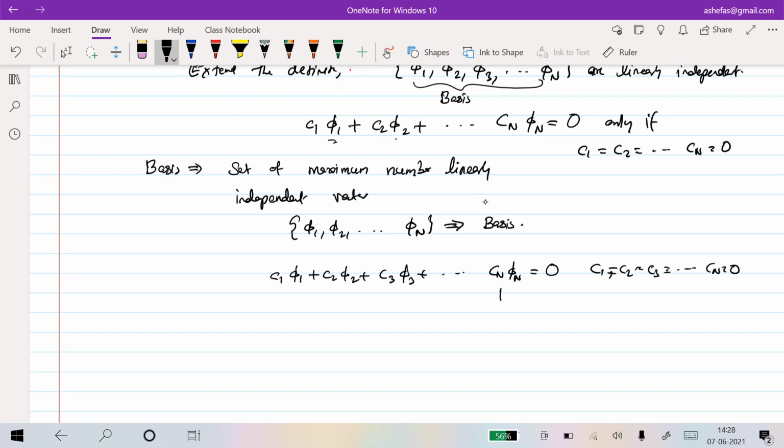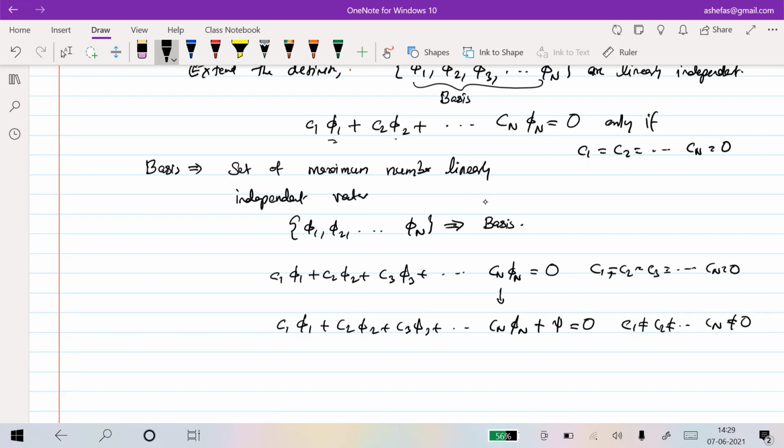Now if you add any other vector, maybe psi, then that superposition can be 0: C1 phi 1 plus C2 phi 2 plus C3 phi 3 etc., up to Cn phi n plus psi. It can be 0 even if C1, C2, etc., Cn are not equal to 0. That is possible.